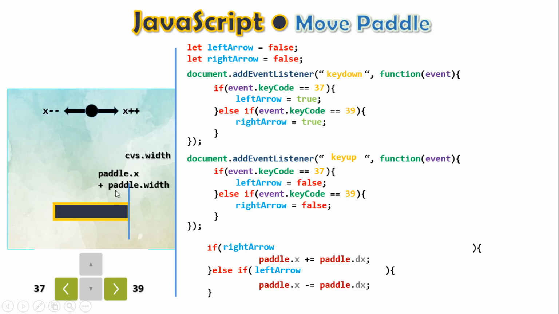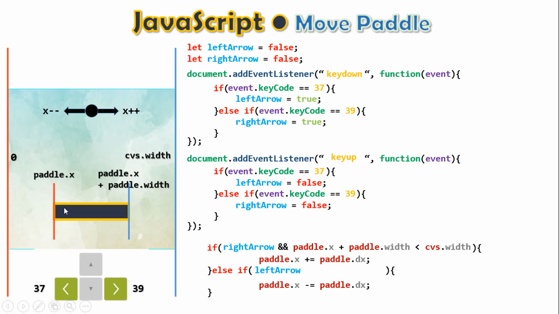So we need to move the paddle as long as this value here is less than this value here. So I'm going to say and paddle.x plus paddle.width is less than the canvas.width. Also, we want to move the paddle to the left as long as this value here is greater than 0. So I'm going to say if leftArrow and the paddle.x is greater than 0.